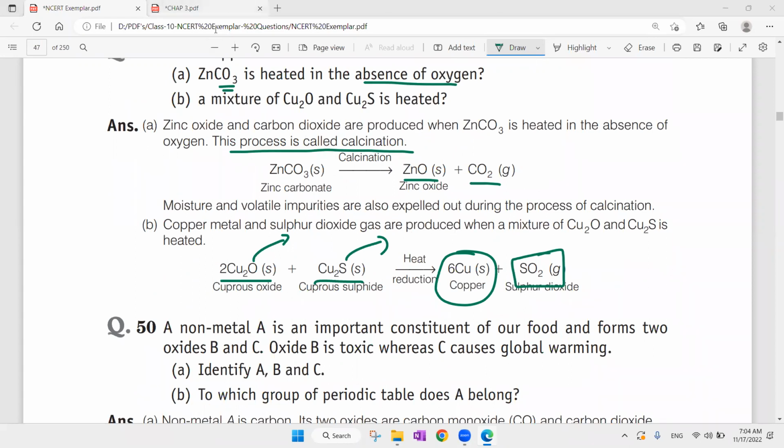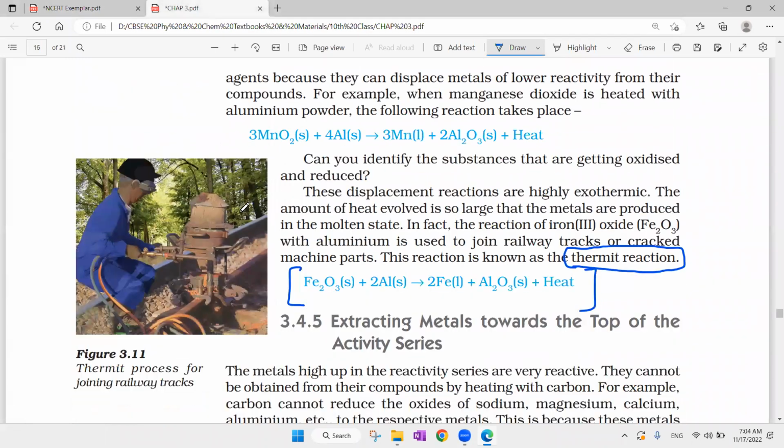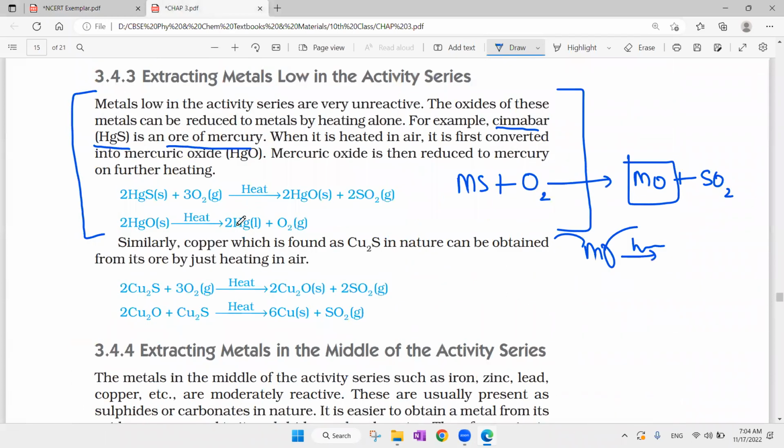So this is a logical equation where we cannot find everything from textbook, right? When it is heated, what happens, that you have to understand. Now also you see this equation is present in textbook. Copper oxide and copper sulfide is heated. What happens? Copper and sulfur dioxide gas is produced. You see, every equation will be in textbook.